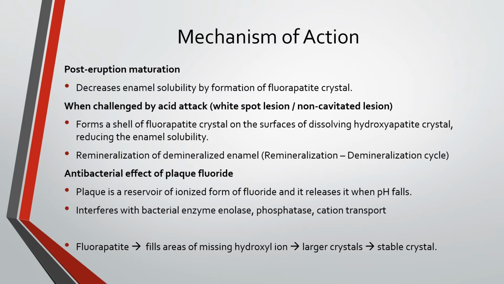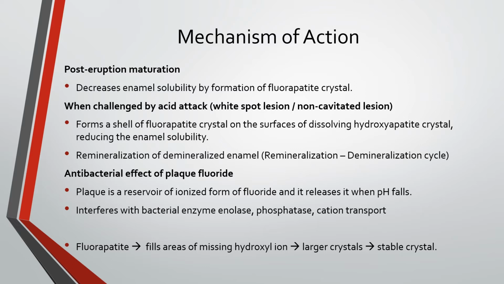When we talk about stable crystals, that means their enamel solubility by an acid attack is less. So if the enamel comes in contact with the acid, that is the hydrogen ions, the calcium ions are less likely to be lost. That is what is meant by decreased enamel solubility.